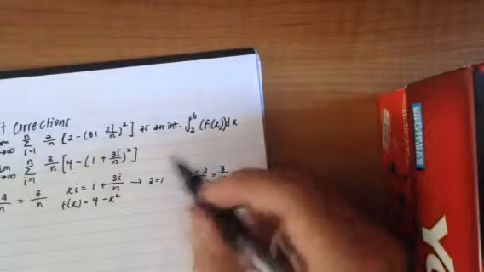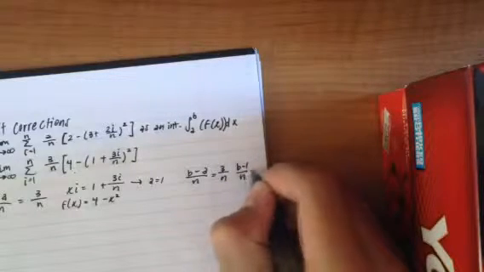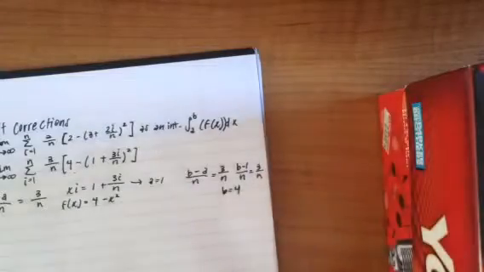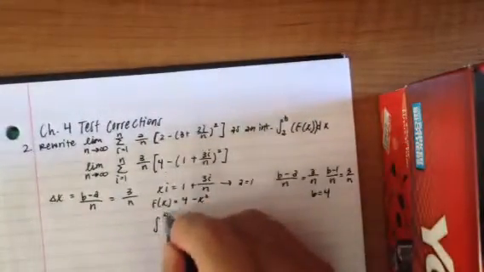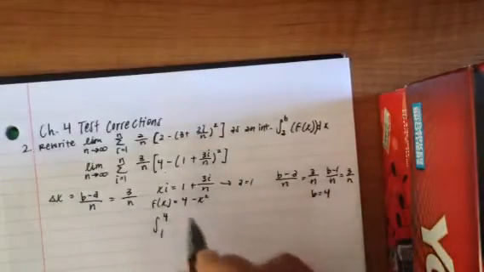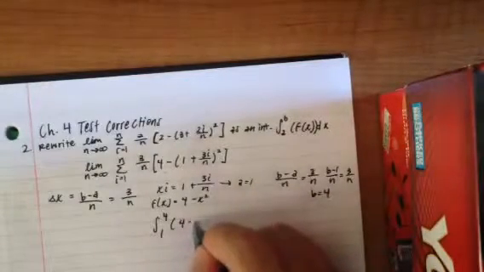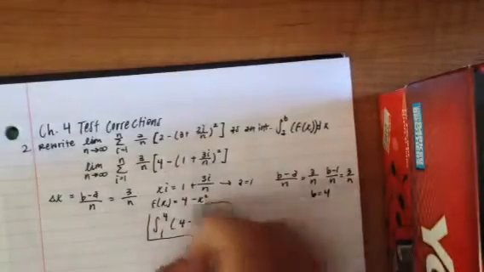And now we know a is 1. So b minus 1 over n equals 3 over n. Therefore, b equals 4. So then what that means is that 4 is on top because it's b, and then a is 1, and then f of x is 4 minus x squared dx, and that's the answer.